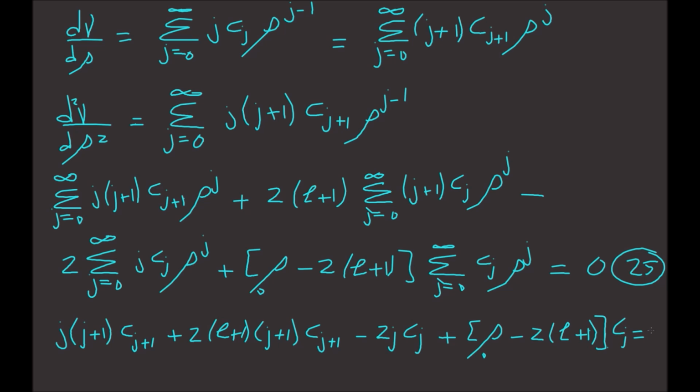This equals 0. Let's try to take this last equation and solve for c sub j plus 1. So let's go ahead and do that.